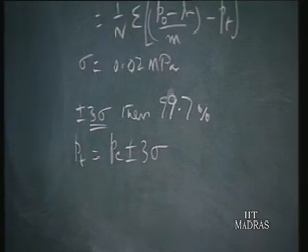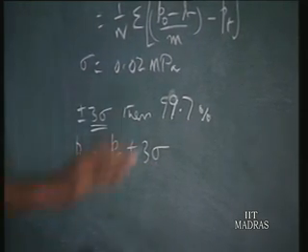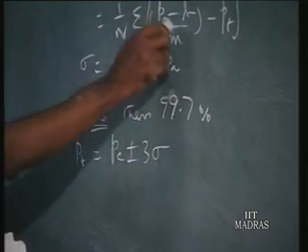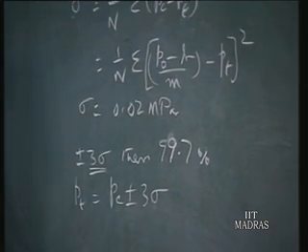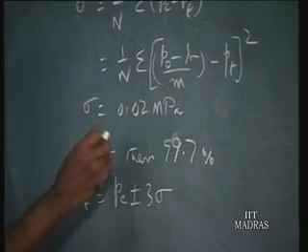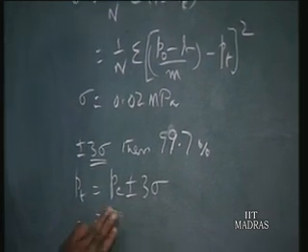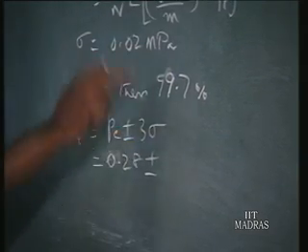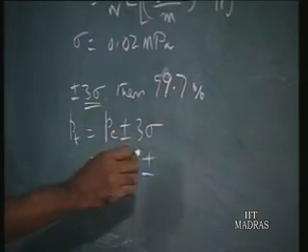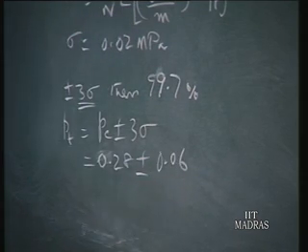That is, the theoretical value lies between the limits of plus or minus 3 sigma from the corrected value. The corrected value, as we found earlier, is p0 minus b by m. So in this case, pt is equal to 0.28, as already calculated for one reading, plus or minus 3 sigma, which is plus or minus 3 times 0.02, that is plus or minus 0.06 megapascal.